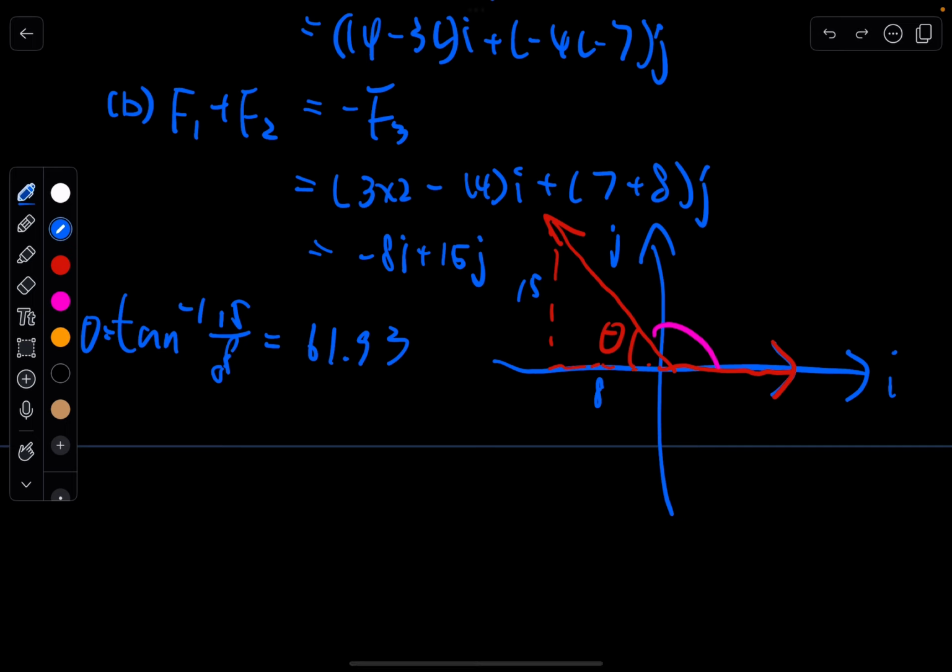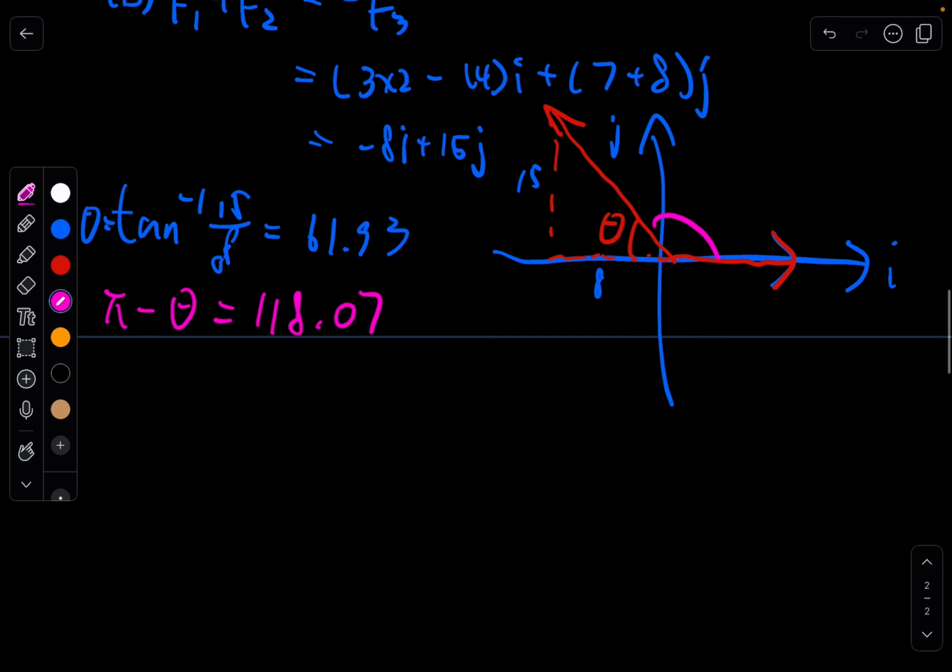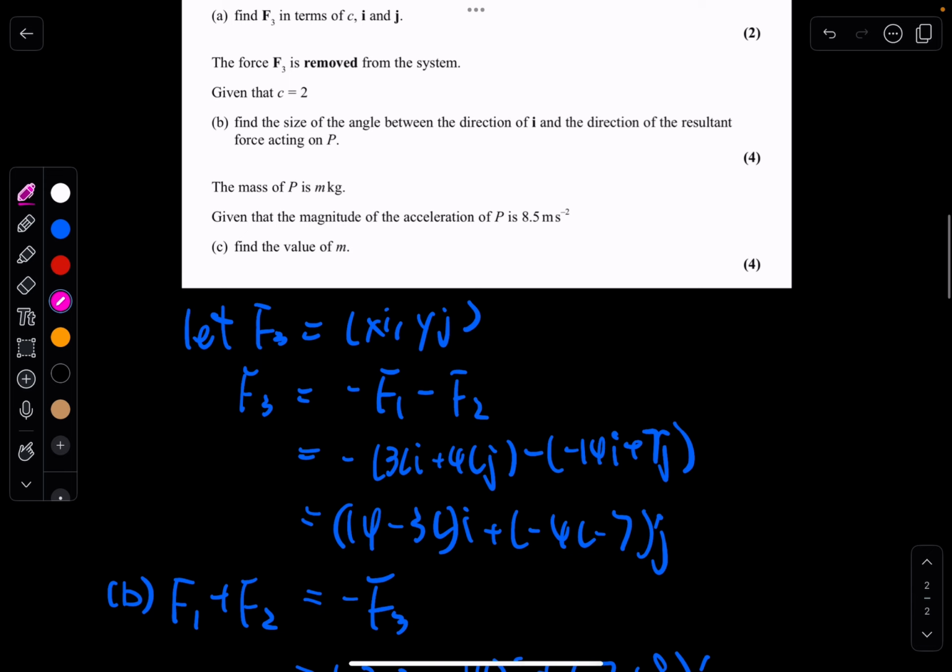And if we draw it out, obviously this pink angle is not less than 90 degrees. So what we are finding is this angle actually. So to find the pink angle, we have to use pi minus theta, which equals around 118.07.